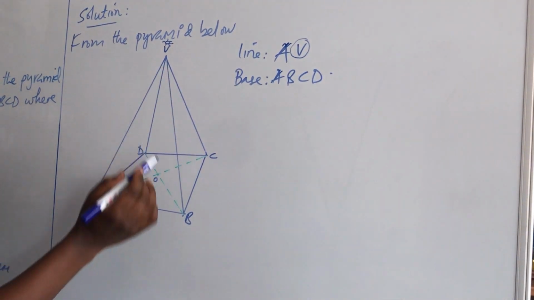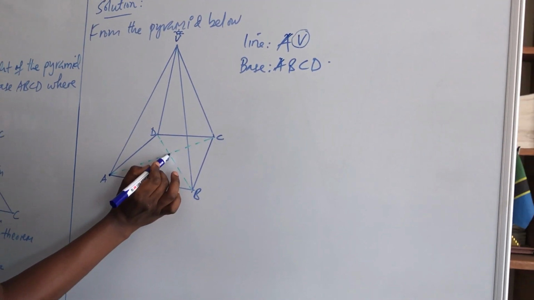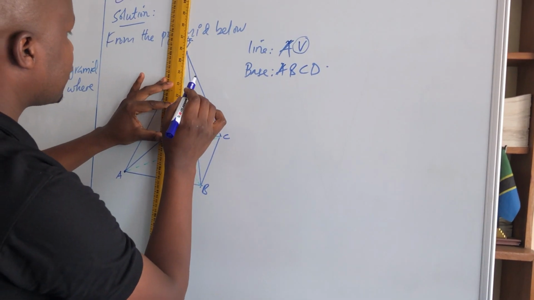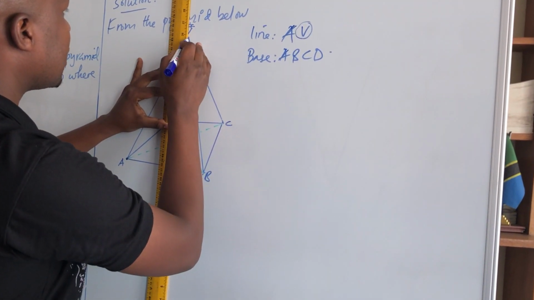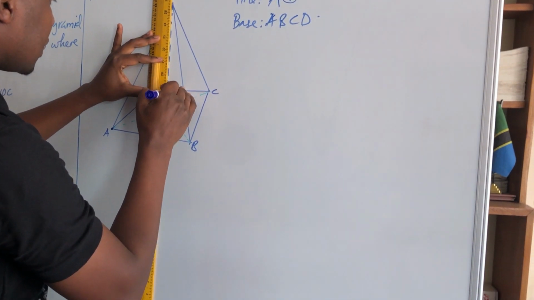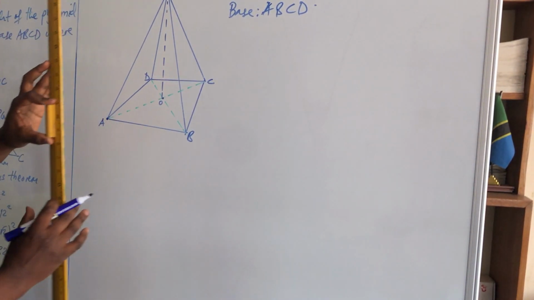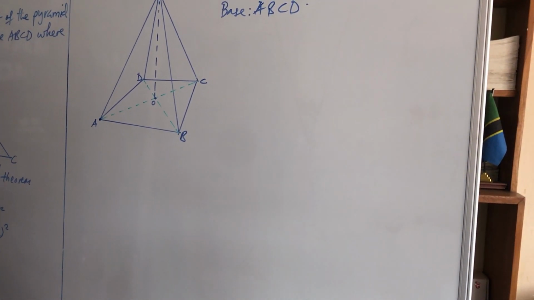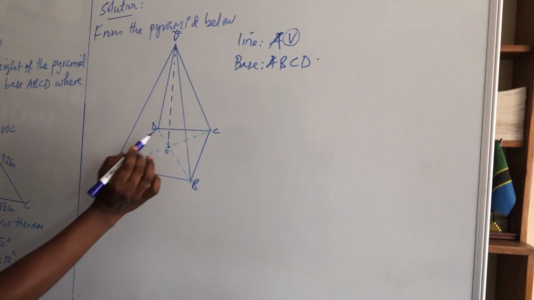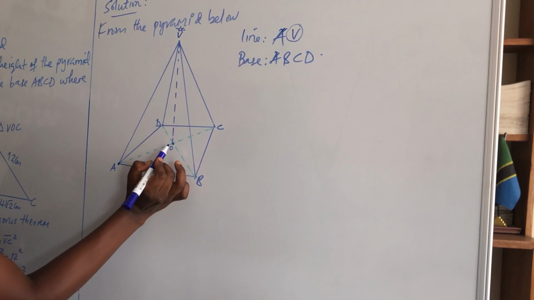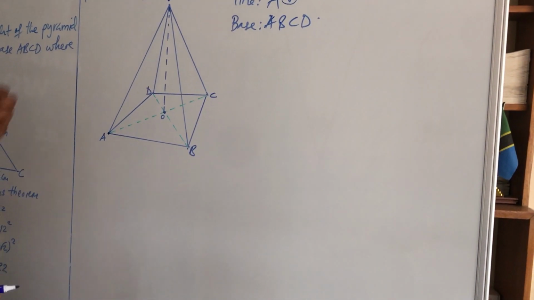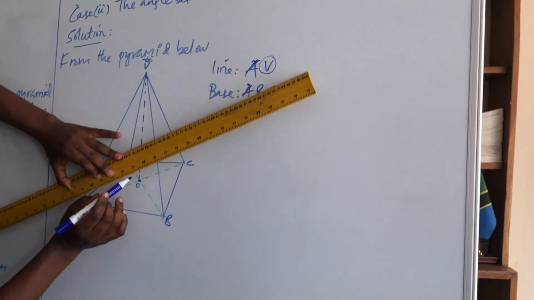The shadow of V will fall on O, the center of the base, and VO is the normal line to the base ABCD. Now we find the projection of AV by joining the shadow of point V and the point of intersection. So we join O and A, as you can see here.